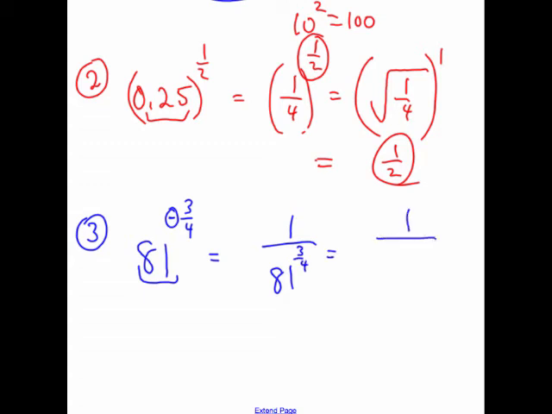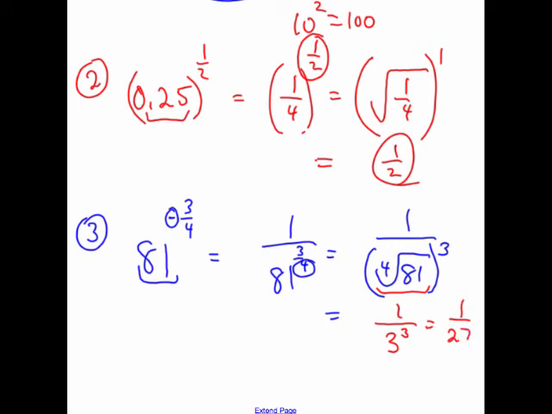And then converting our fractional exponent to a radical, this would be the 4th root of 81, all to the power 3. 4th root of 81 is perfect. If I think about it, 3 times 3 is 9, times 3 is 27, times 3 is 81. So this would be 3, and then cubed would be 1 over 27.